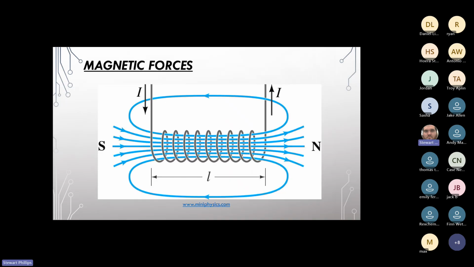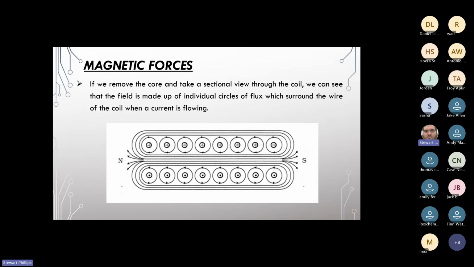Cool. So if we have a coil of wire without any form of bar in it, this is what the magnetic flux lines would look like. Cool. So if we remove the core and take a sectional view through the coil, we can see that the field is made up of individual circles of flux which surround the wire of the coil when a current is flowing.